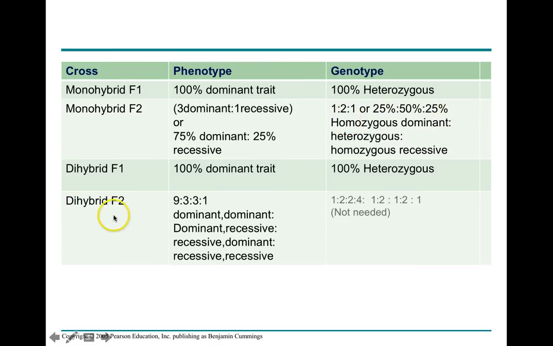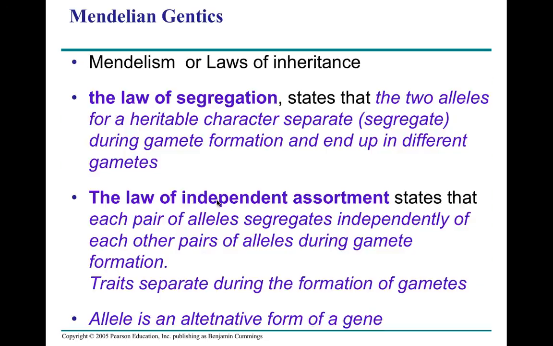Whereas dihybrid F2 phenotypic ratio will be 9 to 3 to 3 to 1. All you have to remember is 3 ratios: 75-25, 25-50-25, and 9 to 3 to 3 to 1.